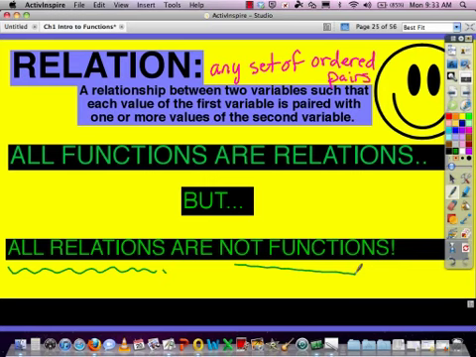No, because you can write some combinations where the first is paired with 2 seconds and it wouldn't work. But all functions, where each first is paired with exactly 1 second, are examples of ordered pairs. So all functions are examples of ordered pairs, but not all ordered pairs are examples of a function.